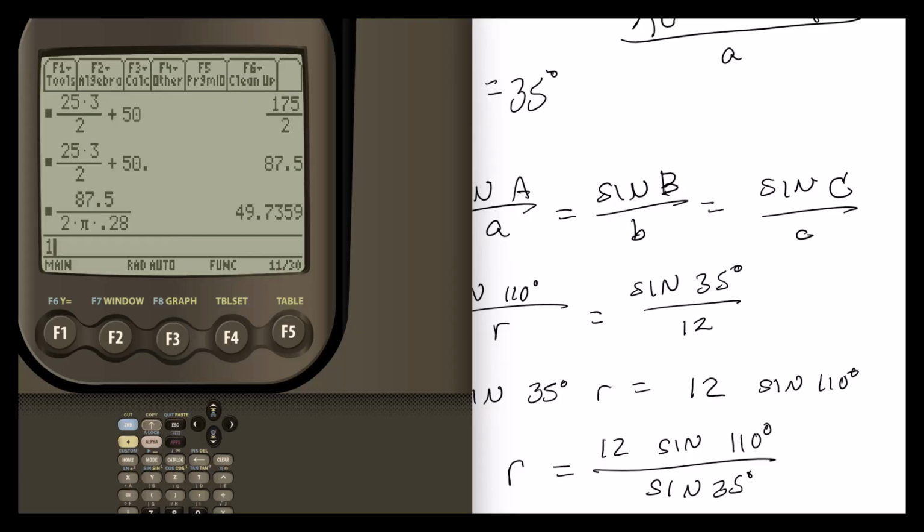Okay, so 12 times, which one is sine? I think it's that one. Sine of 110 degrees divided by sine of 35 degrees. And that gives me a radius, or a distance, of 1.2, which seems really small.